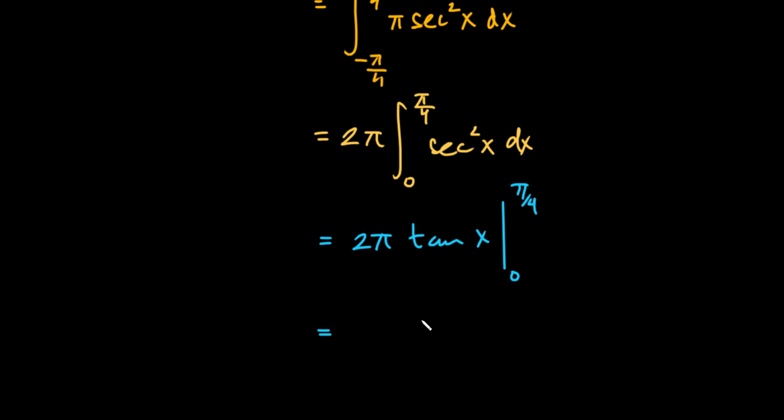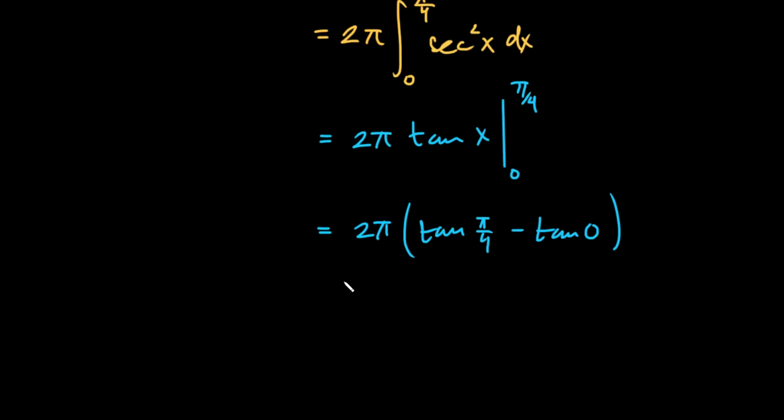If you recall how to apply your boundaries, you get 2 pi times tan x evaluated at the upper boundary, tan pi over 4, minus tan evaluated at the lower boundary, tan of 0. And as you may recall, tan of pi over 4 is 1, and tan of 0 is 0. And so we get our final solution of 2 pi.